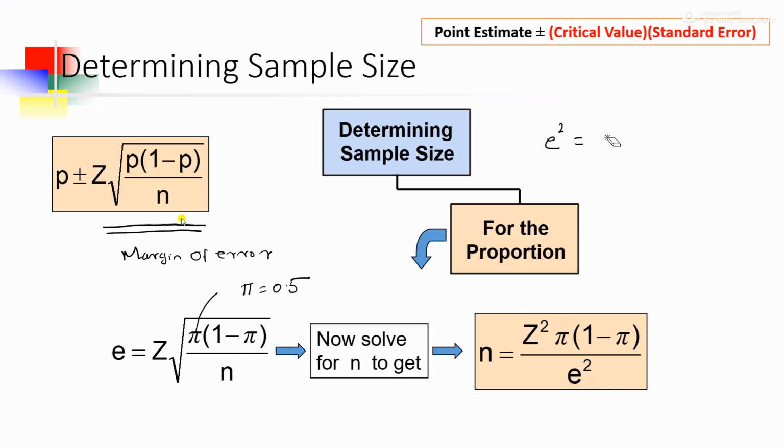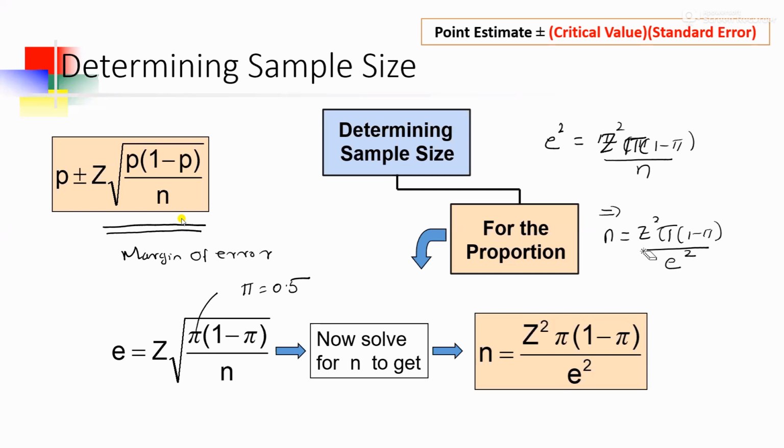E squared is equal to Z squared into pi into 1 minus pi over n. So from this we have n is equal to Z squared into pi into 1 minus pi over E squared.